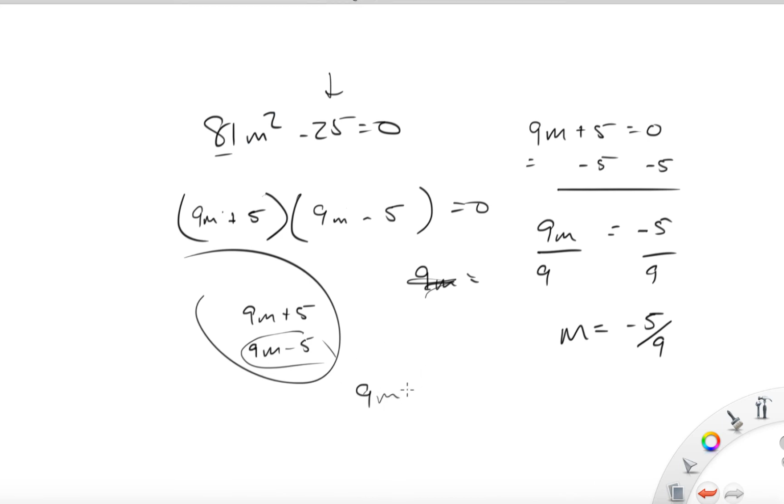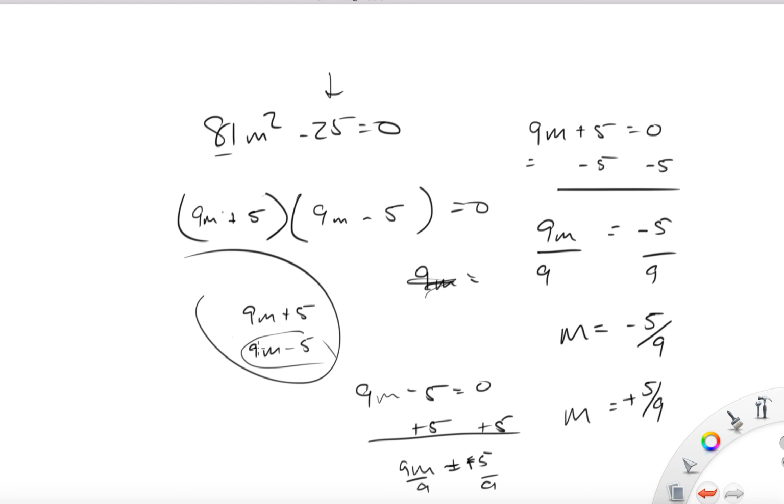So 9m minus 5 equals 0. We're going to add 5 instead of subtracting it, right? So it's going to be 9m equals plus 5, divide by 9. So m is also going to equal plus 5 over 9.